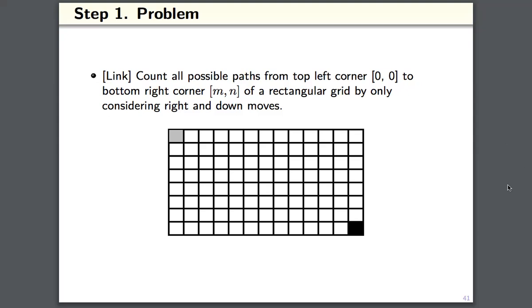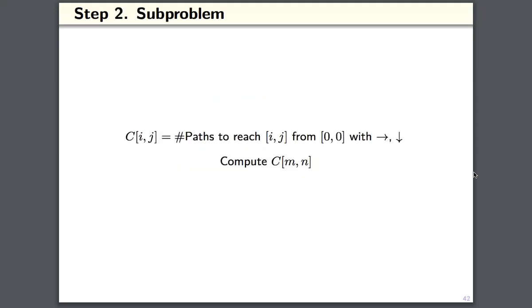Fine, let's start with this problem. We will see this in terms of DP. Subproblem. What is a subproblem? As I said, parameters i, j, C of i, j. Let C of i, j represent the number of paths to reach the cell i, j from 0, 0 using right arrows and down arrows only.